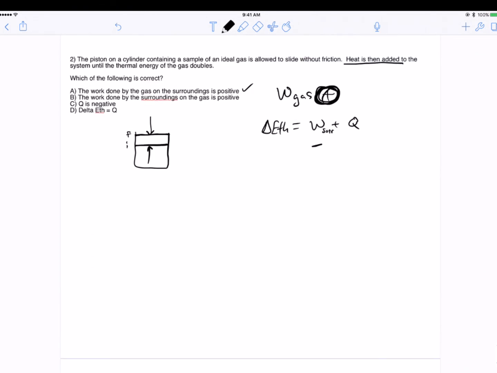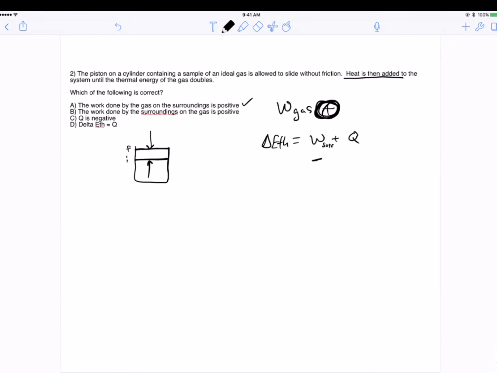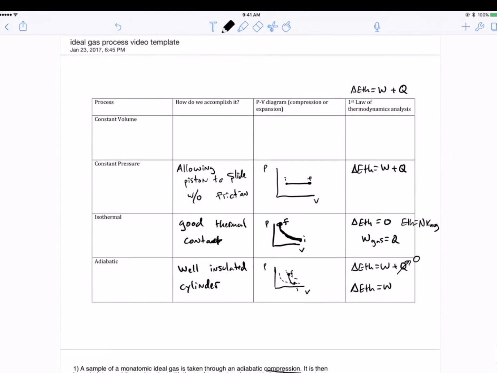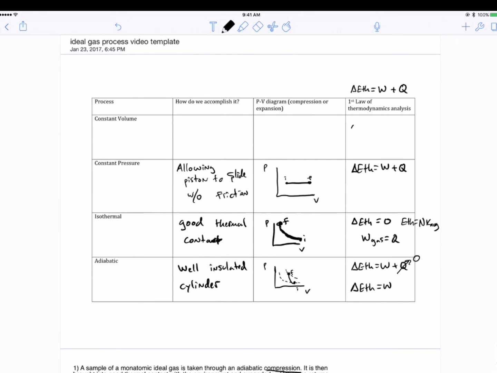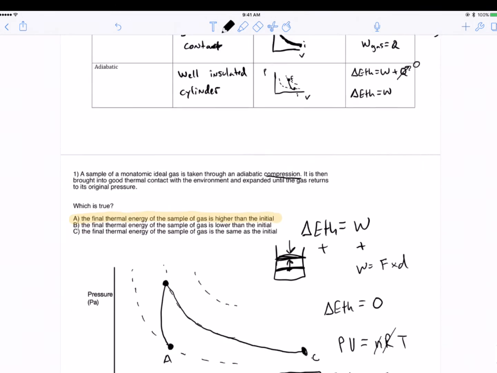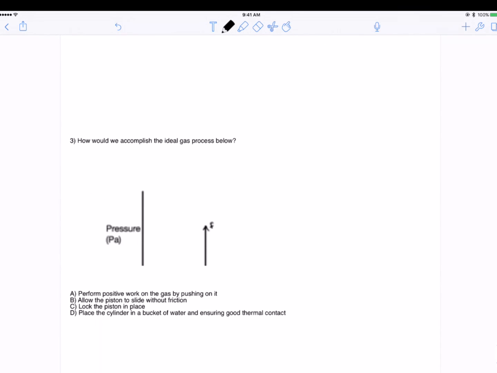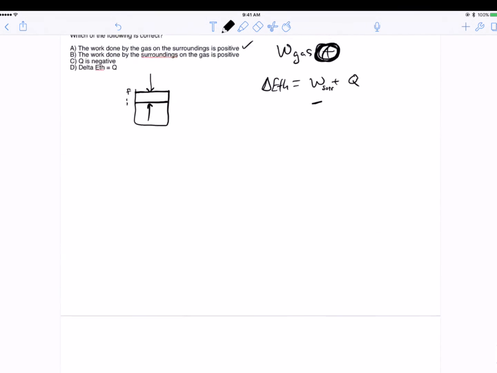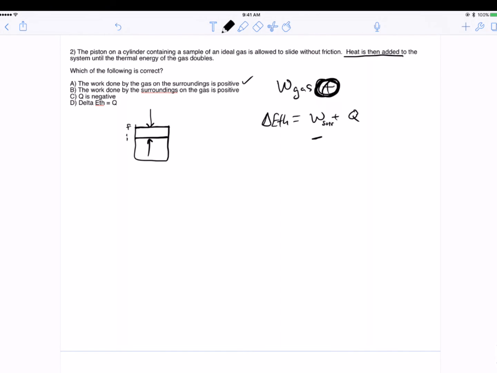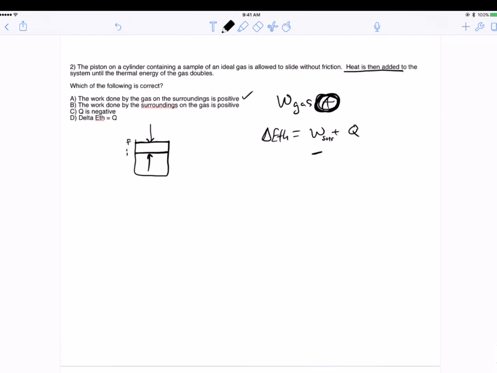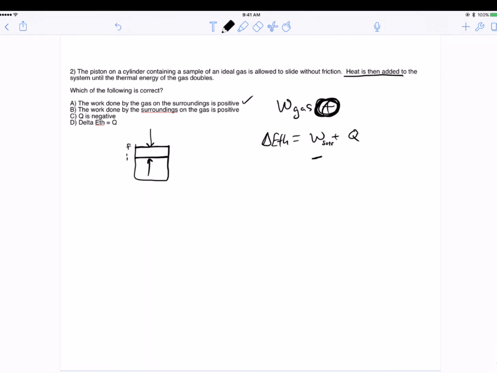Perhaps another process that we'll visit momentarily, a constant volume process. Delta E_th will equal Q for a constant volume process, and let's talk about why that is. In a constant volume process, there will be no displacement of this piston at all.